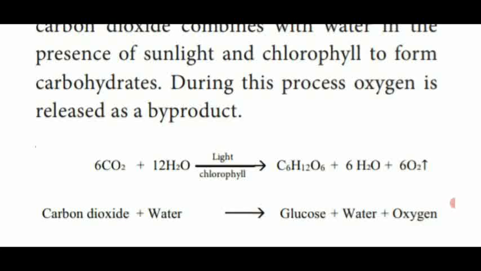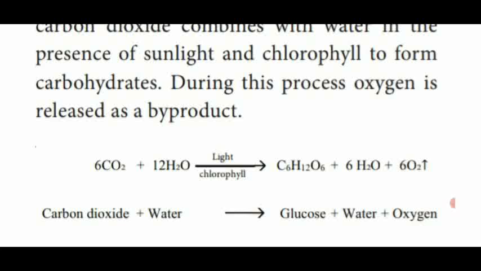So the overall reaction is 6CO2 plus 12H2O, in the presence of light and chlorophyll, producing carbohydrate C6H12O6 and liberating 6 molecules of water plus 6 molecules of oxygen. Carbon dioxide plus water gives glucose or carbohydrate plus water and oxygen, which is the overall reaction of photosynthesis.